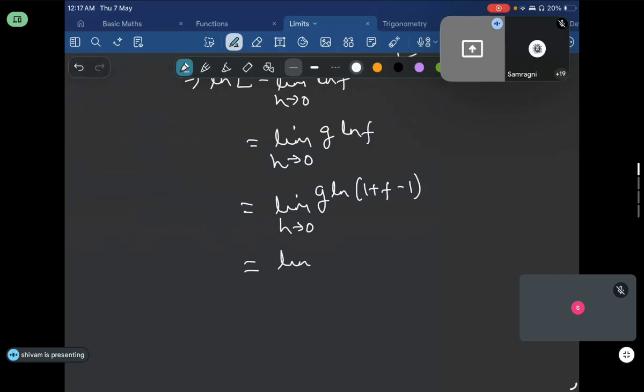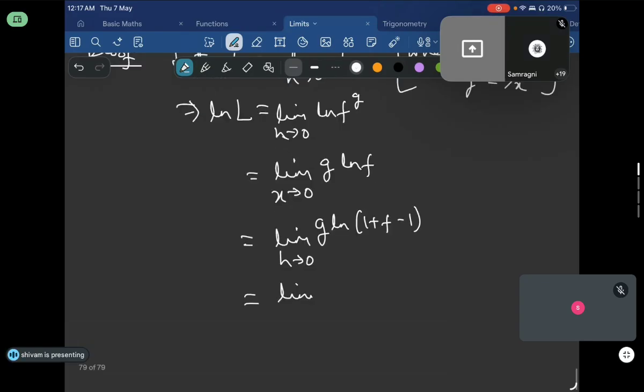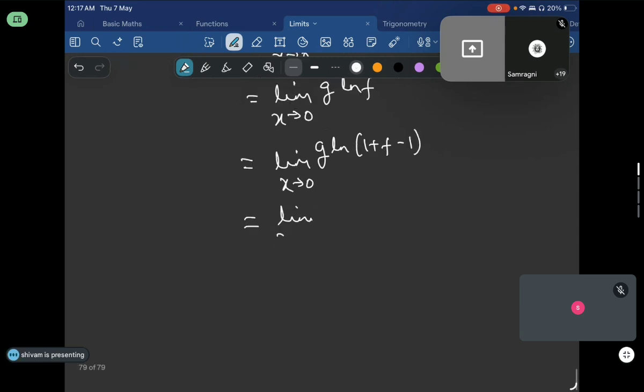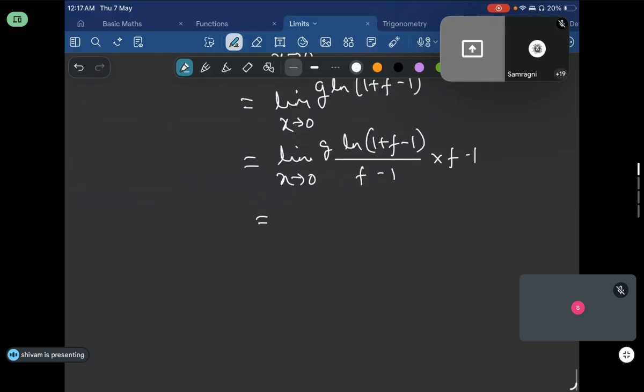This will become limit x tends to 0, because the variable is x, not h. g into ln of (1 plus (f minus 1)) upon (f minus 1), and next we need to multiply by (f minus 1). Now this part will become 1.